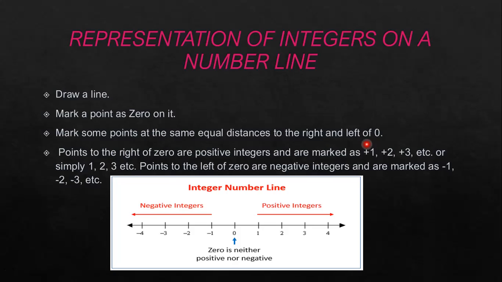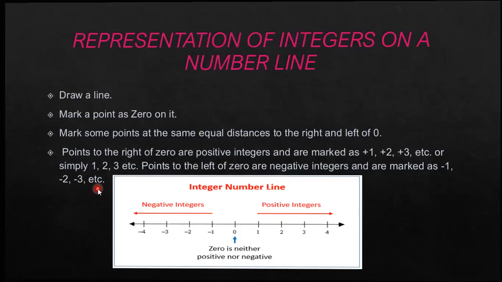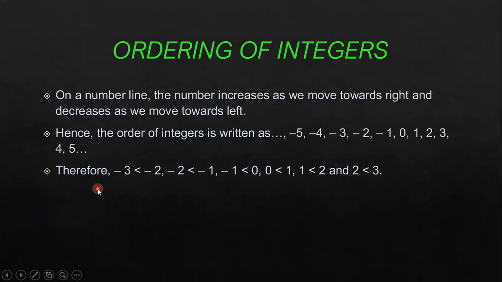Points to the right of 0 are positive integers and are marked as 1, 2, 3, or plus 1, plus 2, plus 3, etc. Or simply we can write 1, 2, 3, etc. Points to the left of 0 are negative integers and are marked as minus 1, minus 2, minus 3, etc.